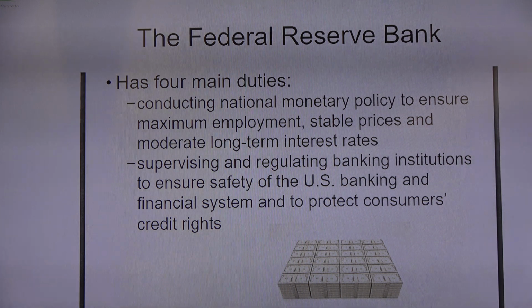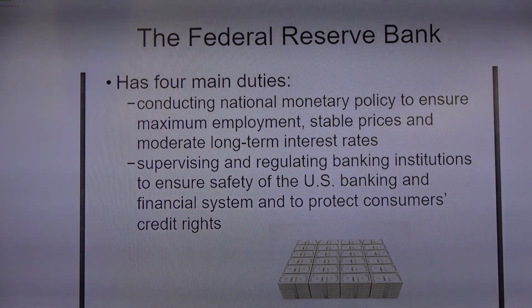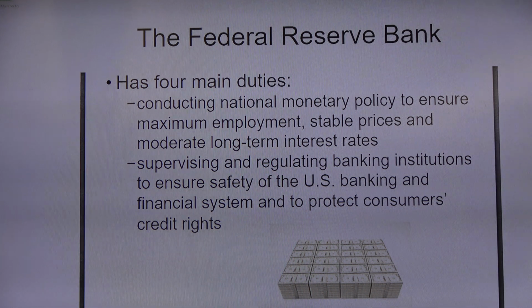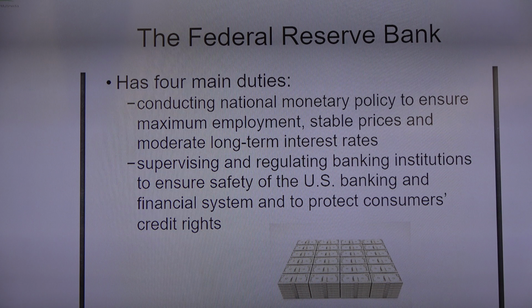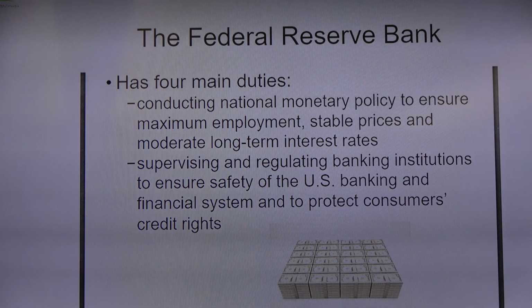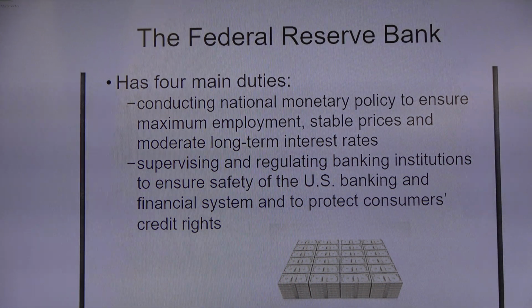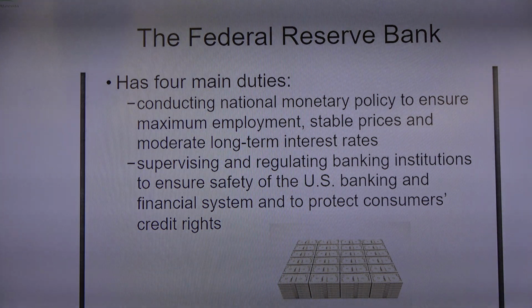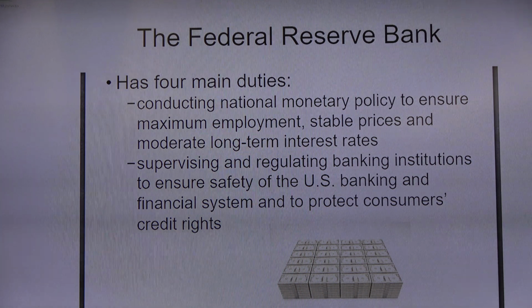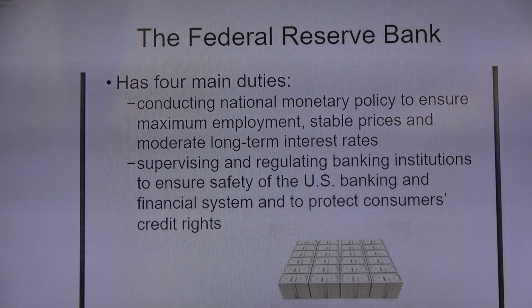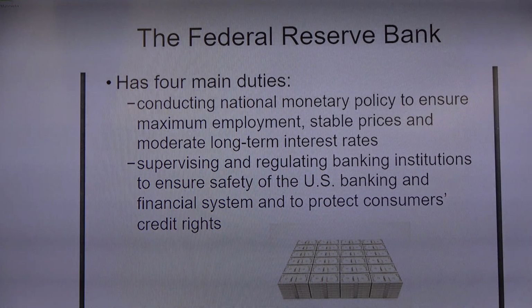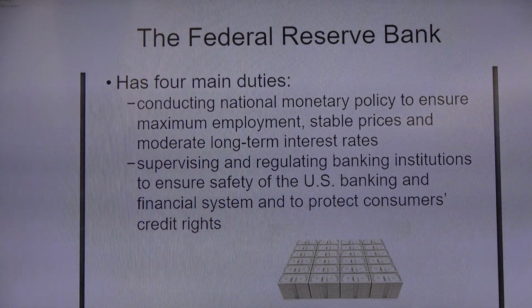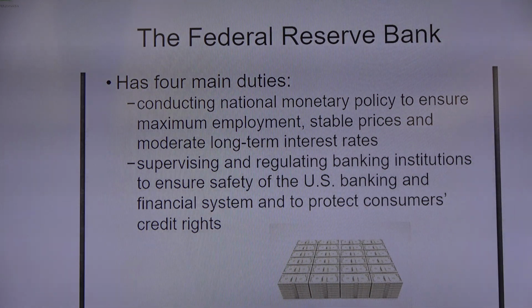So the Federal Reserve Bank has four main duties. They conduct the national monetary policy to ensure maximum employment, stable prices, and moderate long-term interest rates. So whenever you hear that the Federal Reserve Bank is going to lower the discount rate, what that means is that they're going to lower the rate, because banks borrow money from the Federal Reserve Bank in order to lend to big companies, commercial companies, and consumers.